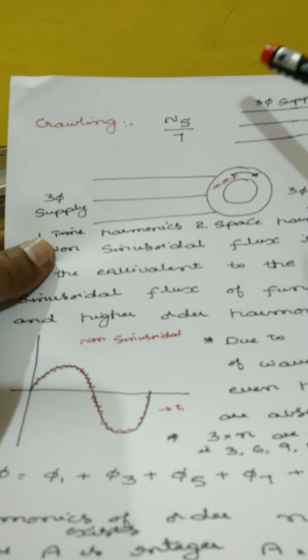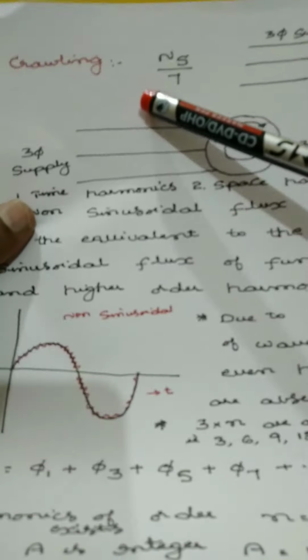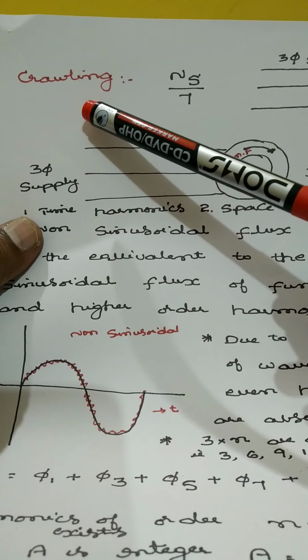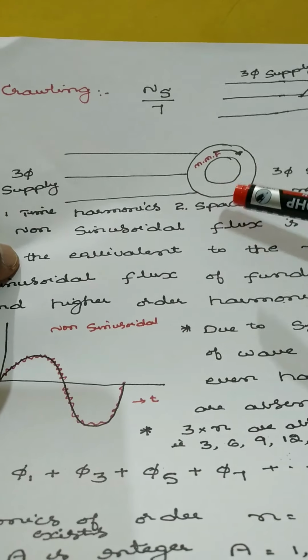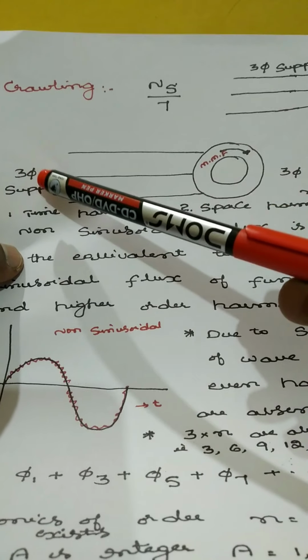Another important phenomenon occurring inside the induction motor is what we call the crawling phenomenon. Crawling is also one phenomenon. This is the three-phase induction motor, and we are giving the three-phase supply.